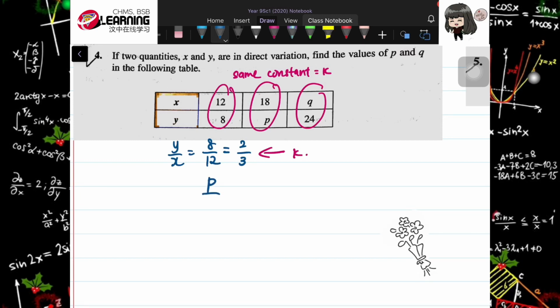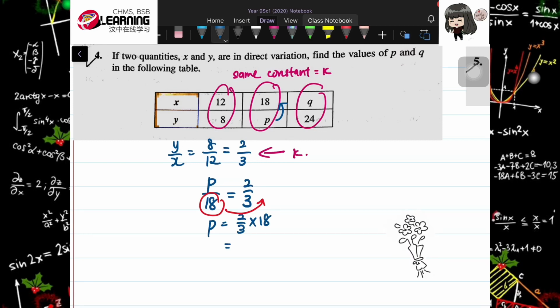So your p over 18, which is y divided by x, you will also get 2 over 3. Then you cross multiply, so p is 2 over 3 times 18. This 18 you can move to the other side, becomes times. So you get the answer, which is 12.